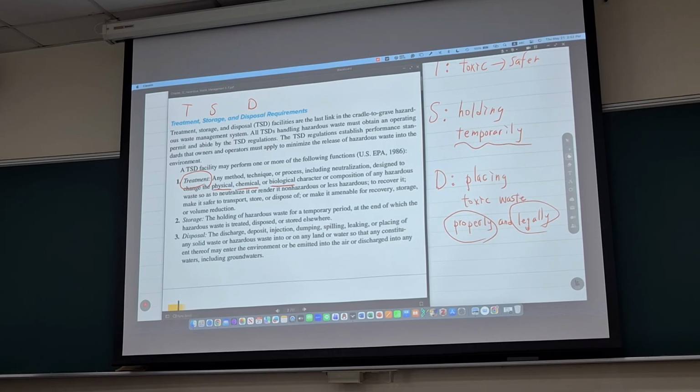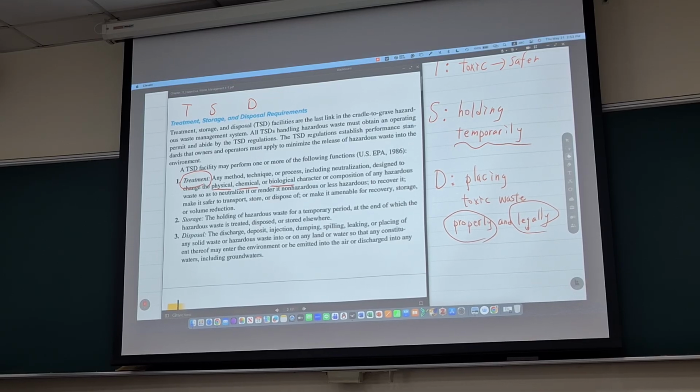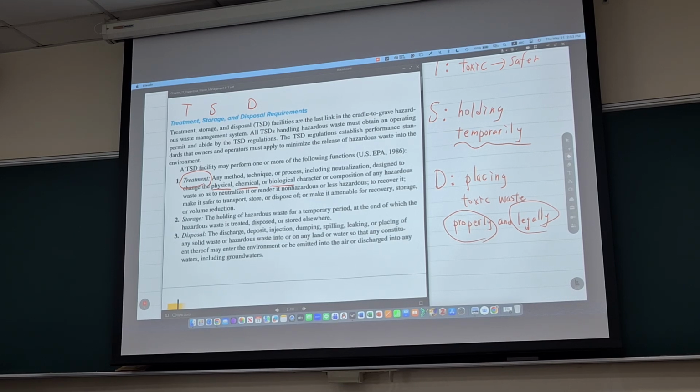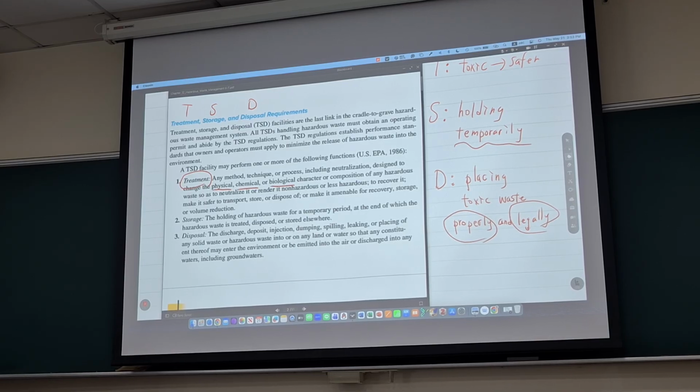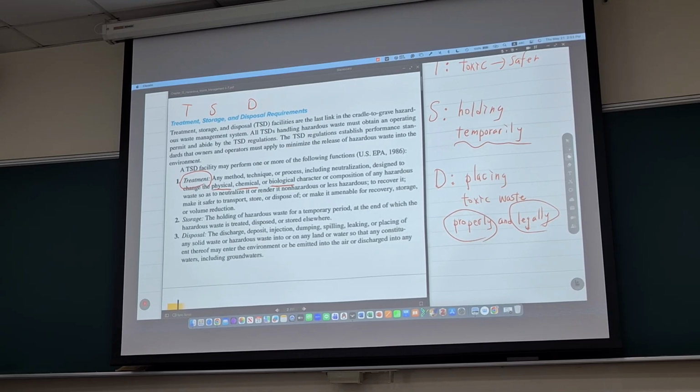For example, if you own a chemical company in your future, and your company makes like $1 million, but you got fined $2 million. Does it worth it? No, of course, right? So you need to dispose of those toxic wastes properly and legally.